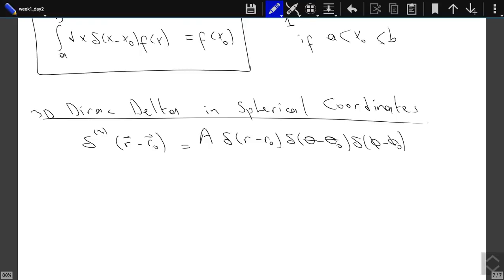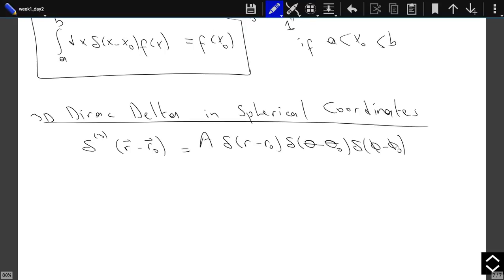The second defining criterion of the Dirac delta is its integral. So the integral of the Dirac delta of r minus r0 dv, over all space, this should be 1. Now the volume element in spherical coordinates, do you remember?